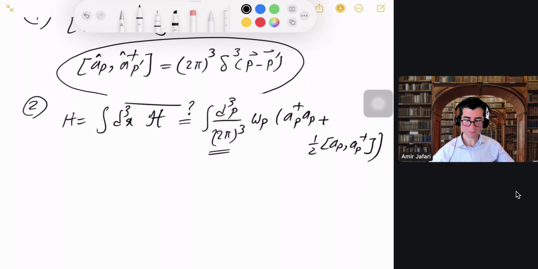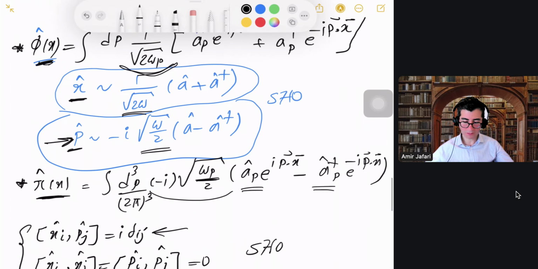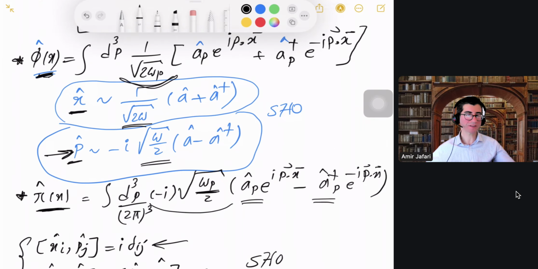We're going to get a question here. What is this? Apparently an infinite term, but we'll talk about that. And the third calculation I encourage you to do, because if you know what we did here, it's just calculus.